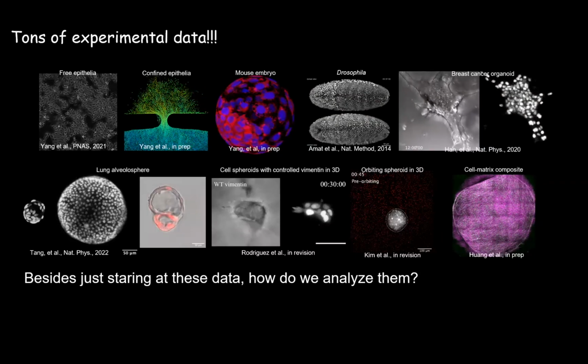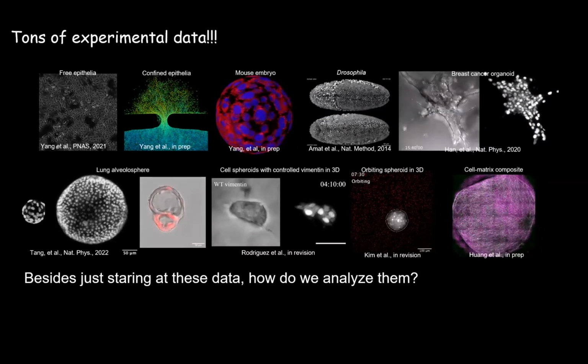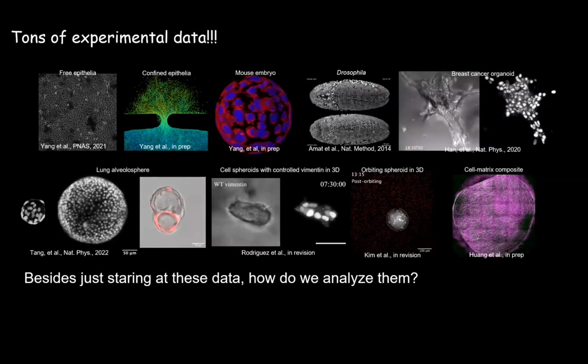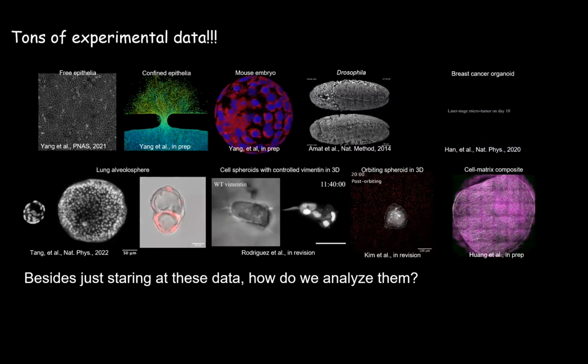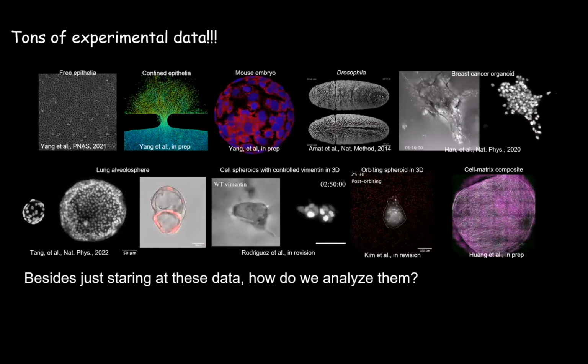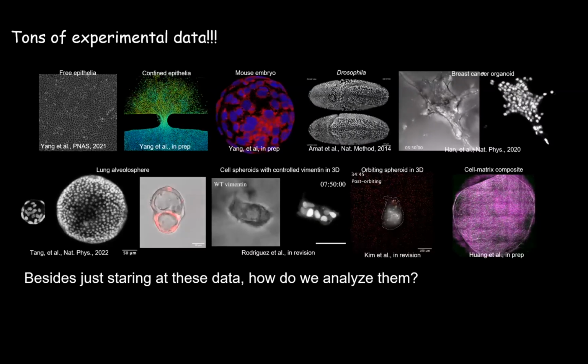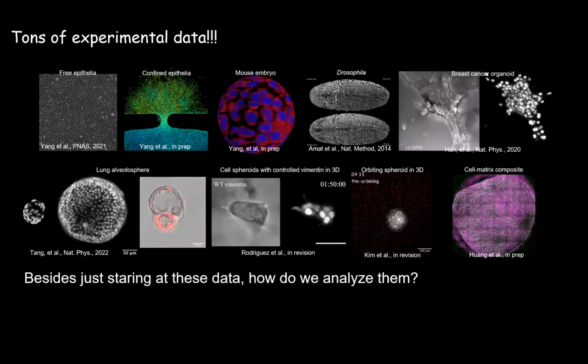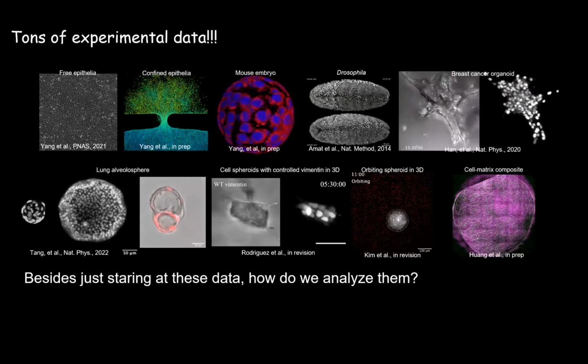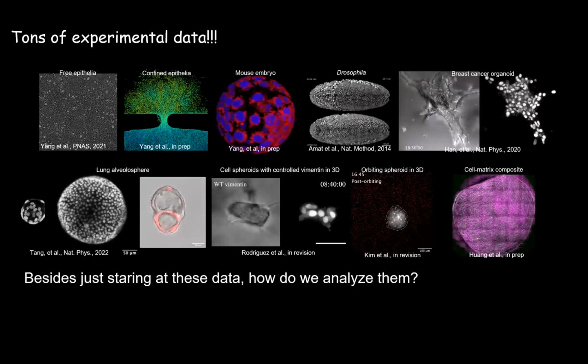All right. So what I showed you are two or three selected experimental systems that we have. But my students have been working on a number of other systems, and they really have been generating a lot of data. Sometimes we generate terabytes of data per day. So you can imagine it's a nightmare to think about what analytical way we can use to understand the system.